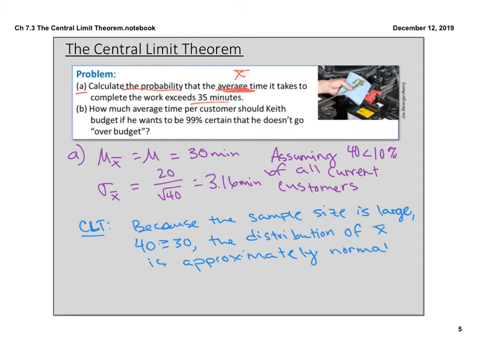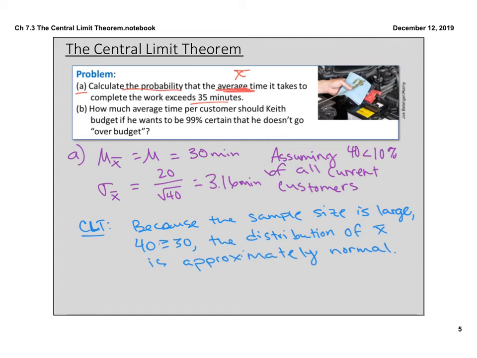I needed to say that because it explicitly told me in the original question on the previous slide that the distribution was right skewed. The distribution of times that it takes for his mechanics to do the oil changes is right skewed, which makes sense to me.